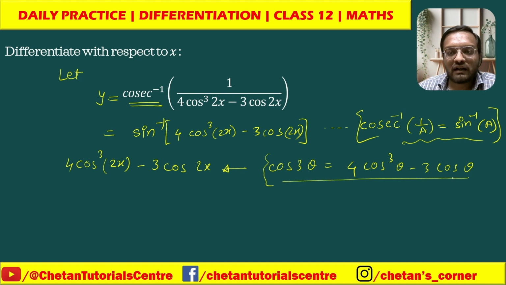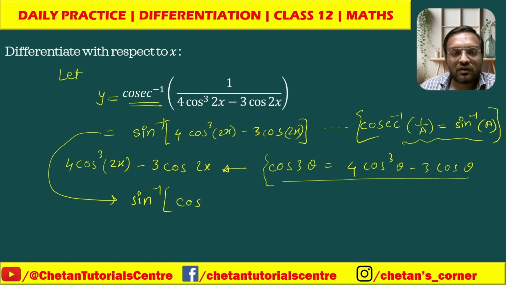After using this formula, this step will become sine inverse of cos, here theta is equal to 2x, so 3 theta will be 3 into 2x. Therefore y is equal to sine inverse of cos 6x.